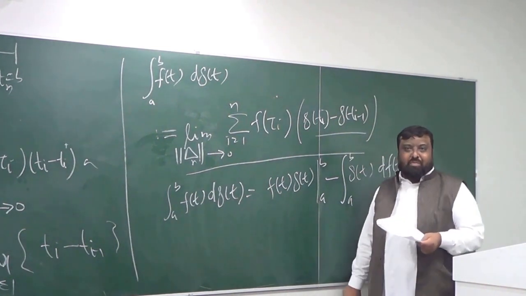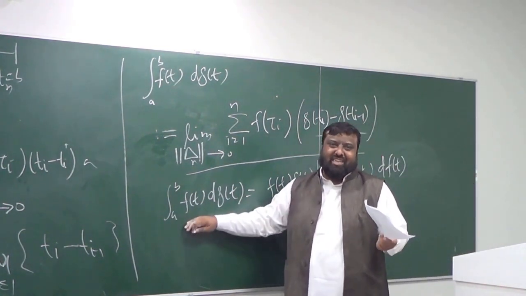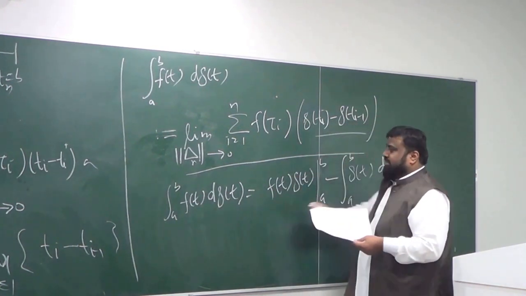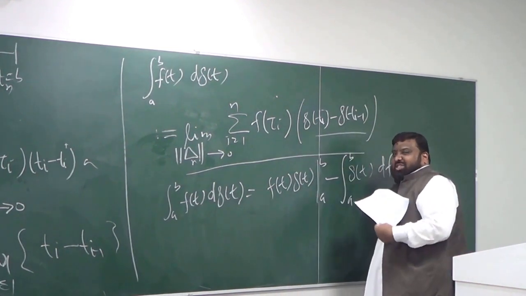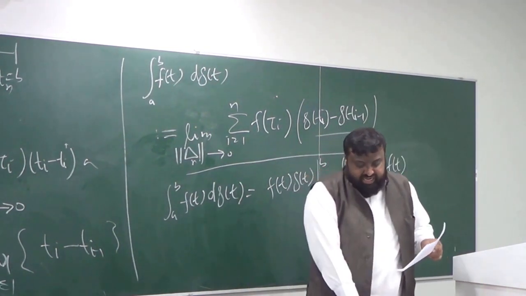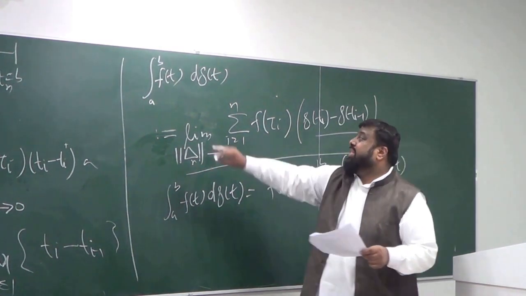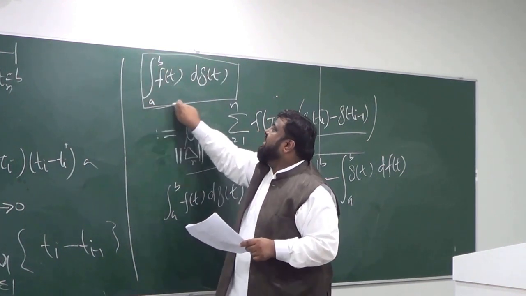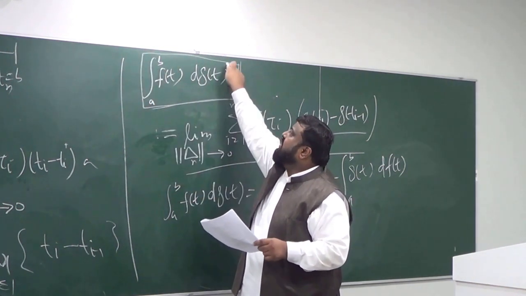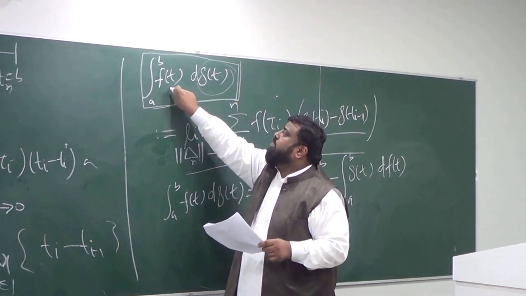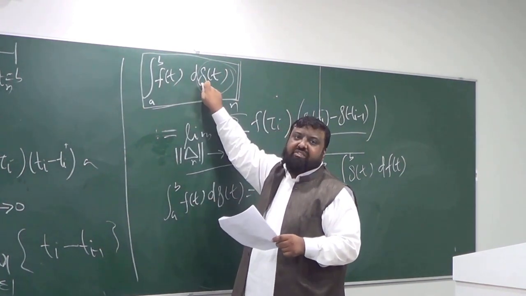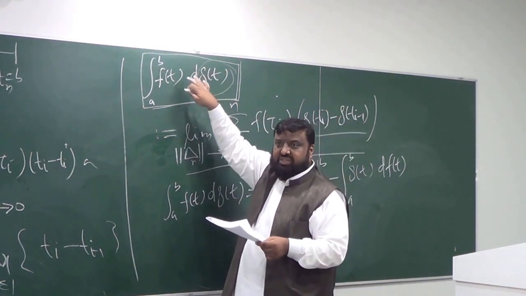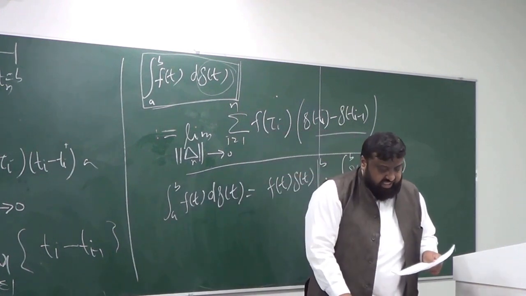But this is not solving the problem because we are expressing the integral in terms of an integral. We still want to use the integral in the problem we want. So we want to make sense of this for what kind of g's. In other words, what properties f and g must have so that this series is convergent and this integral makes sense.